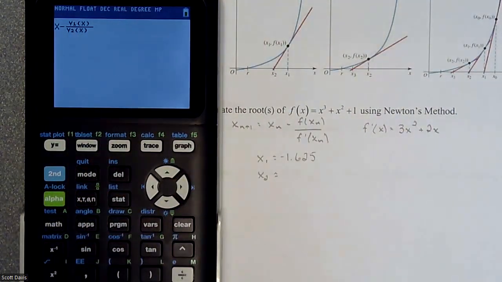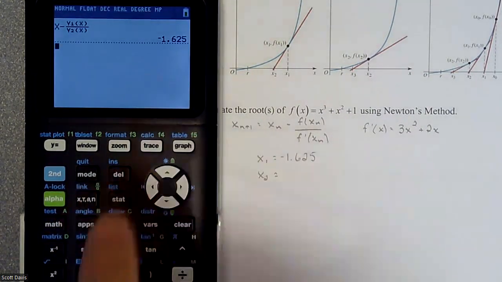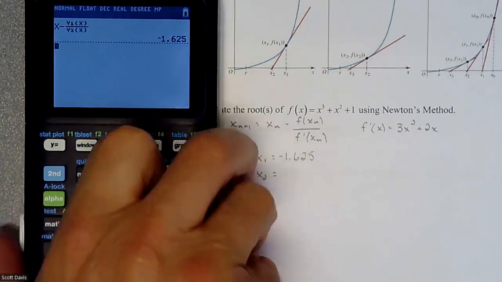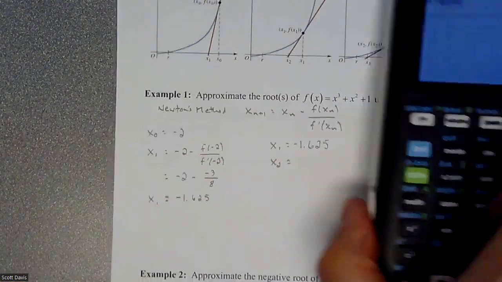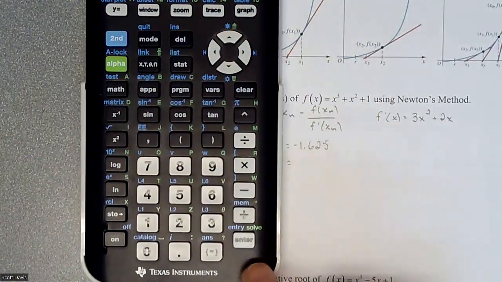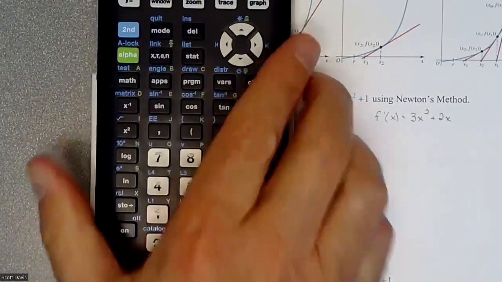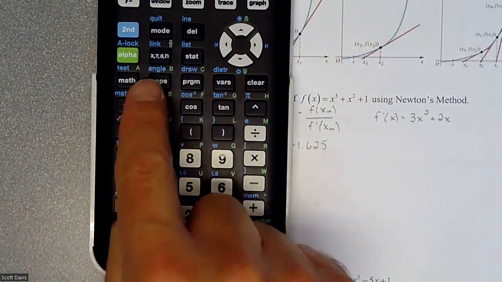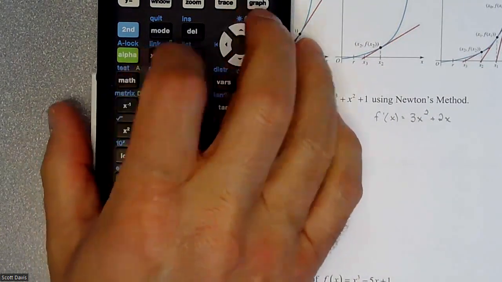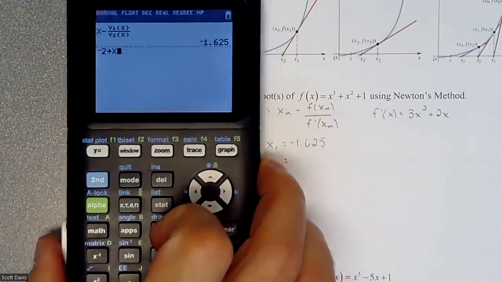I think I've already prepped it to be stored as -2, but here's how I made that happen. I wanted my first value to be -2. So I went down here and typed -2, and then I want to store it as x. It looks like that on the screen.